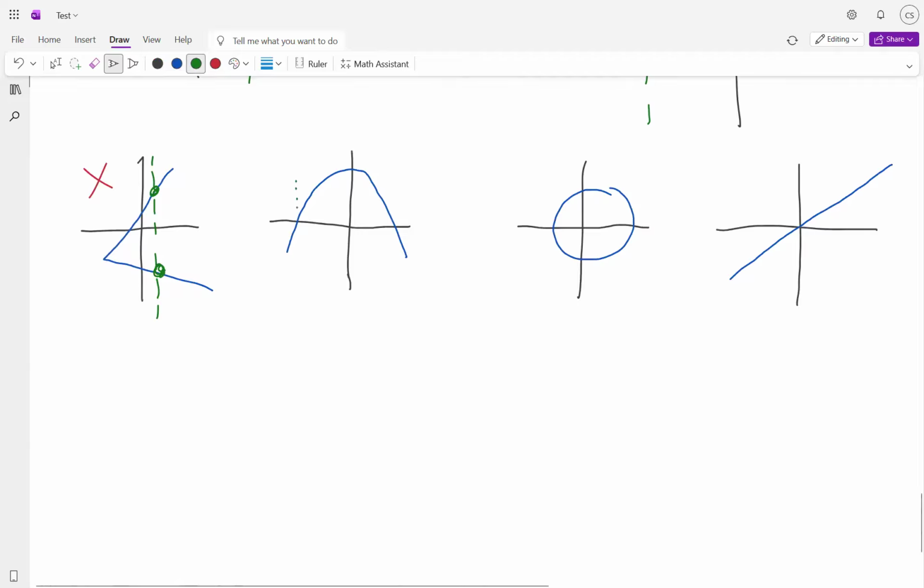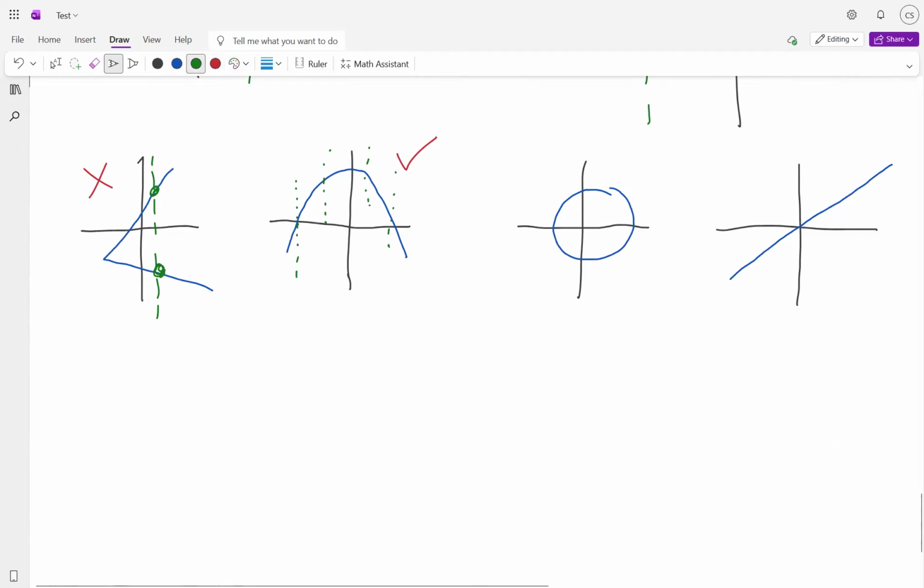Here, I'm going to kind of draw a couple of vertical lines. If we're checking in a couple of places, every single point, and kind of imagine, I like to take my hand or a pencil and run it along the graph, and if it only hits 1 point everywhere, we're good. So this one, I'm going to put check mark, is a function. We can see everywhere we're hitting multiple points.